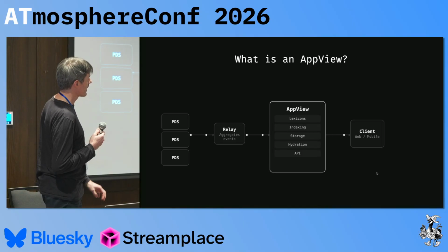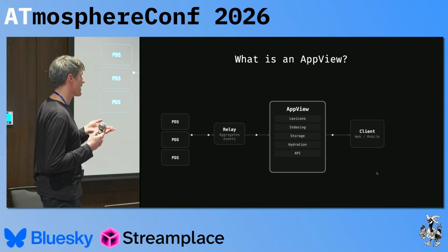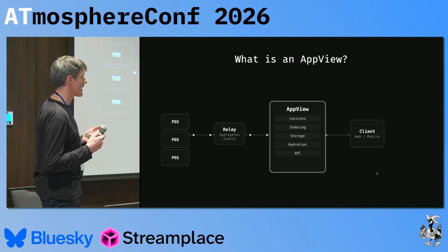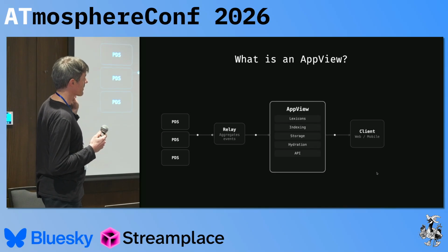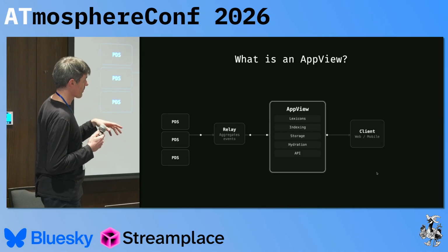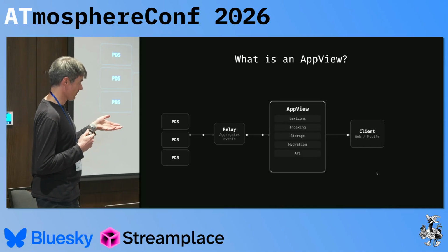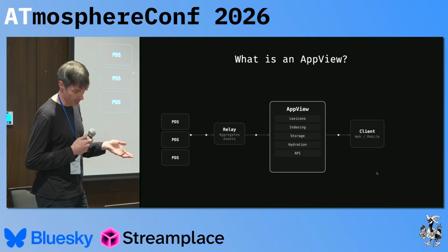And then it brings all that data together, hydrates it, so your like counts and your comment counts and all that stuff, and provides it to your web app or your mobile application to render it on the screen.